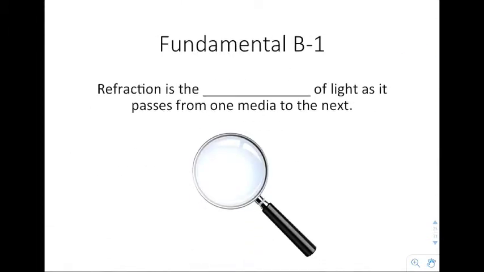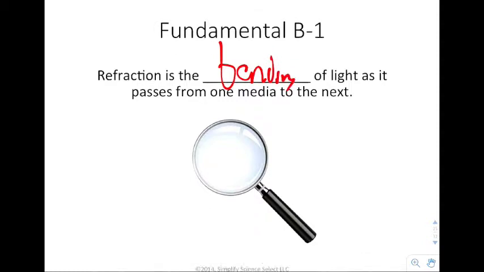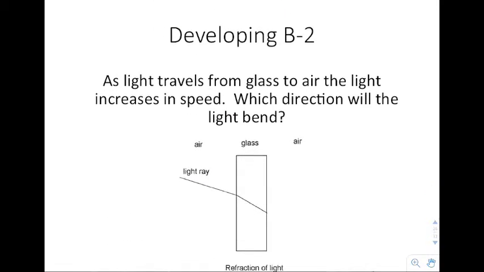It says refraction is, it should be the bending of light as it passes from one medium to another. It says as light travels from glass to air, the light increases speed. So what will be the direction that it bends? Now, if you notice, whenever the light ray travels from air to glass, it actually bends kind of towards the glass.